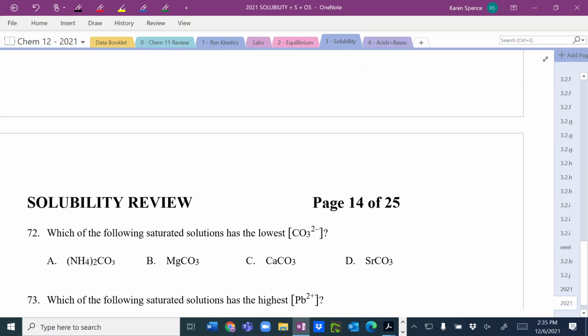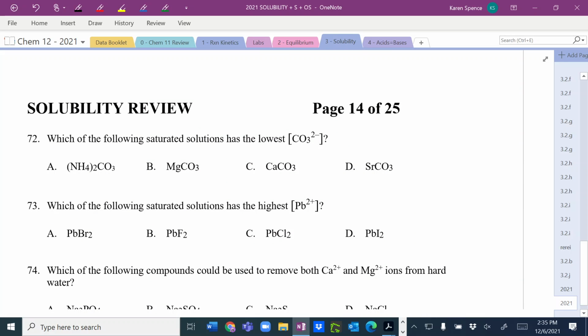(72). Which of the following will have the lowest carbonate concentration? Which one can we get rid of immediately? Because that's completely soluble, so it's not going to have the lowest concentration. So now we need to decide between magnesium, calcium, and strontium.